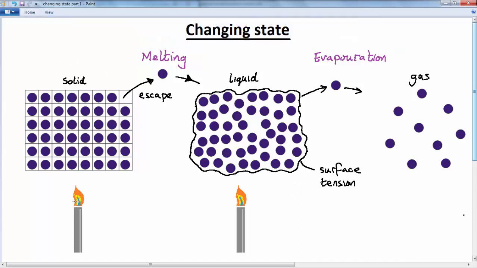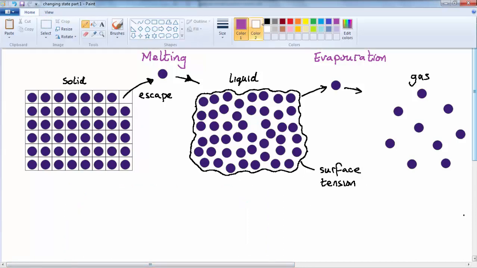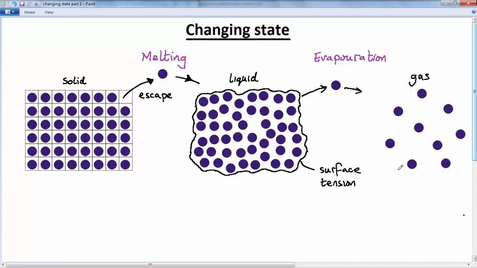So we remove the heat, click, and what the particles will now do is lose energy and reform into the liquid state, and they'll continue to lose energy and eventually reform into their solid lattice. We call this process condensation, and we call this process solidification.